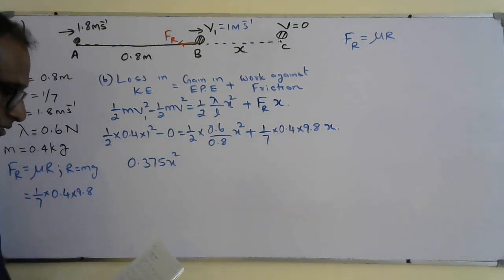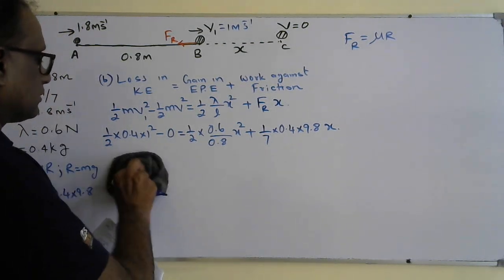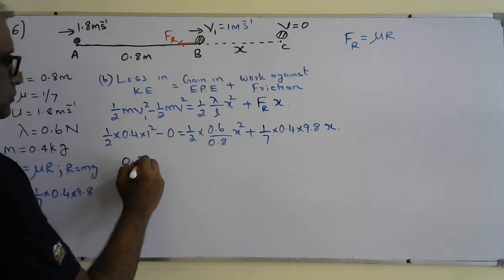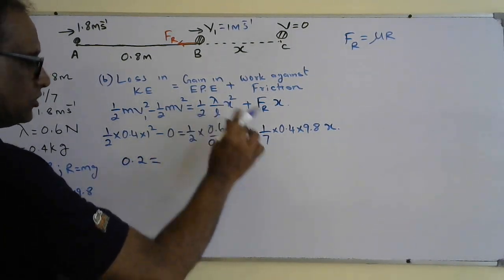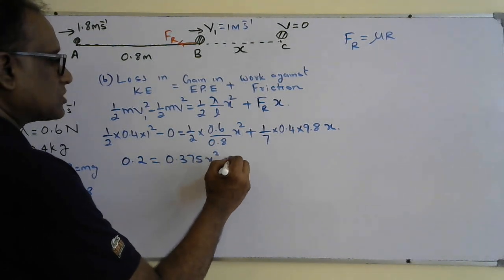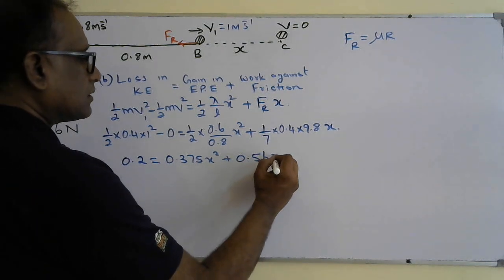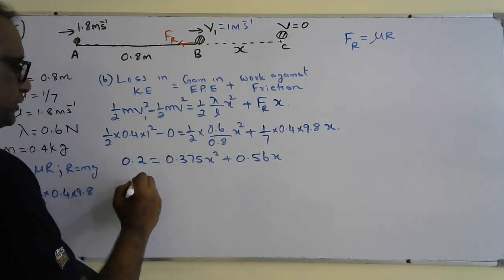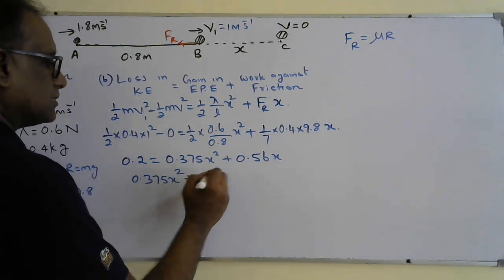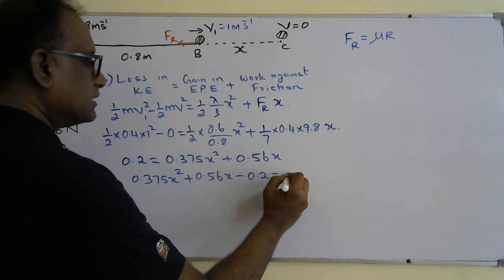Rearrange it into the quadratic equation format. I'll solve this step by step. You will get 0.2 equals this, and if you solve you will get 0.375 x squared plus 0.56x. So rearranged into a quadratic equation: 0.375x squared plus 0.56x minus 0.2 equals 0.